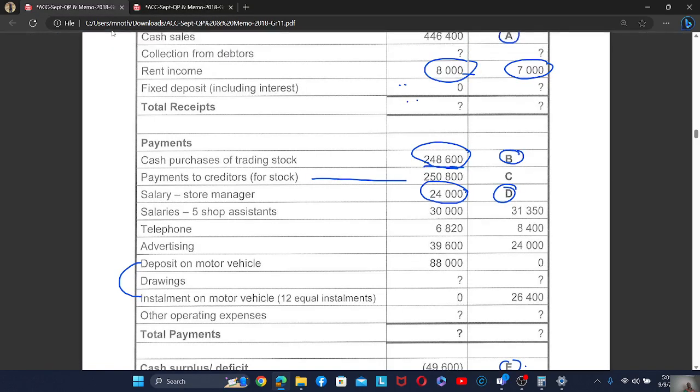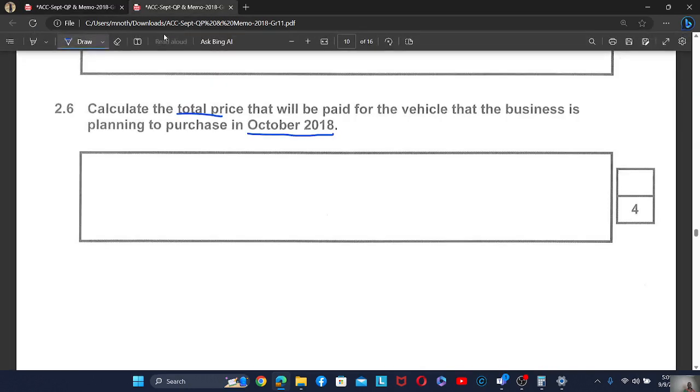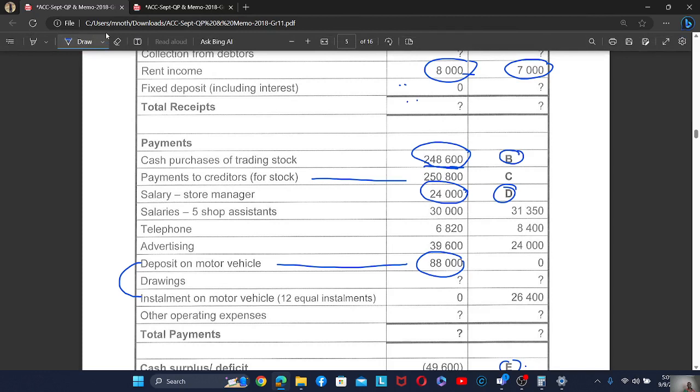So what is going on here? We want to know how much we are going to pay in total for this vehicle. So they paid a deposit of 88,000, and then we need to calculate the actual price. And then we are also going to pay installments on the motor vehicle, 12 equal installments.